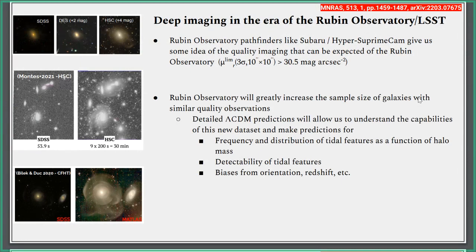And so we can start to make predictions for the frequency and distribution of the features that we'll see in the stellar halos of galaxies. It's also important to understand the detectability of these features in terms of limiting surface brightness, their morphology, etc., and what biases we can expect from things like the orientation of the galaxy and with redshift and limiting surface brightness.